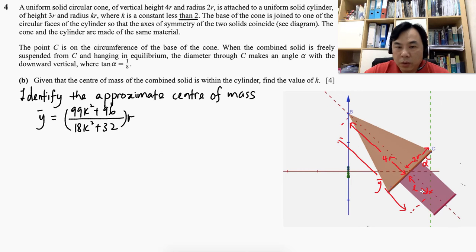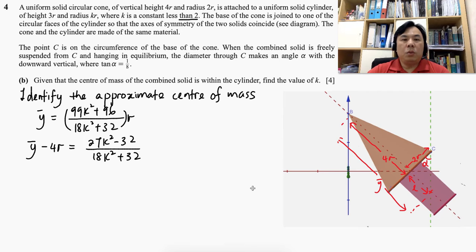Let's assume that it's over here. Therefore, we can take the difference between this and 4r, which we have already obtained previously. That actually gives us 27k square minus 32 over 18k square plus 32.